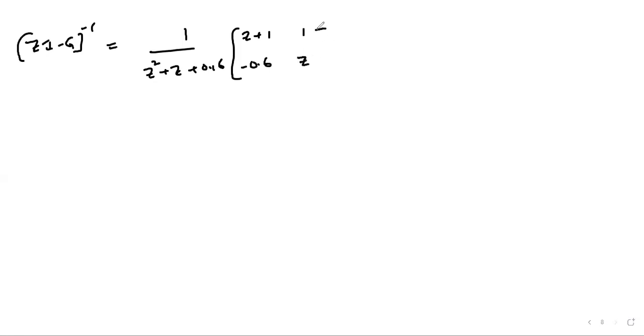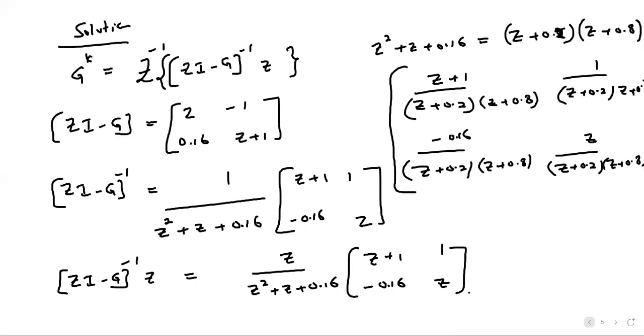So ZI minus G inverse, we already obtained as 1 over Z plus 0.2 times Z plus 0.8 multiplied by the matrix Z plus 1, 1, negative 0.16, Z. This is our ZI minus G inverse.